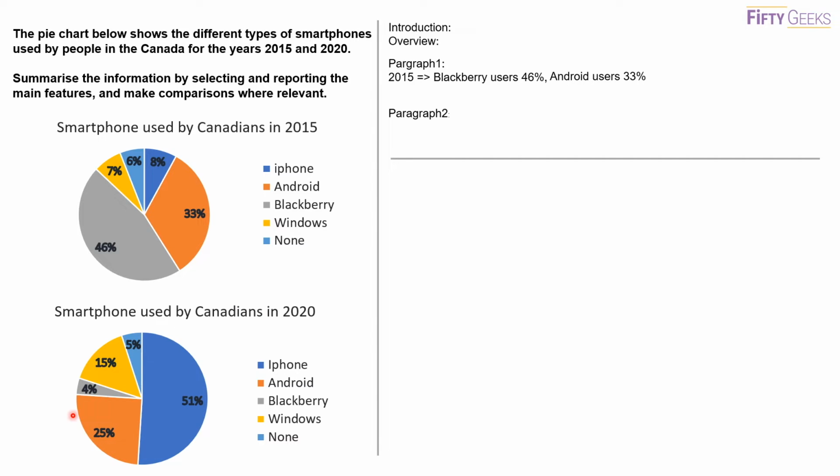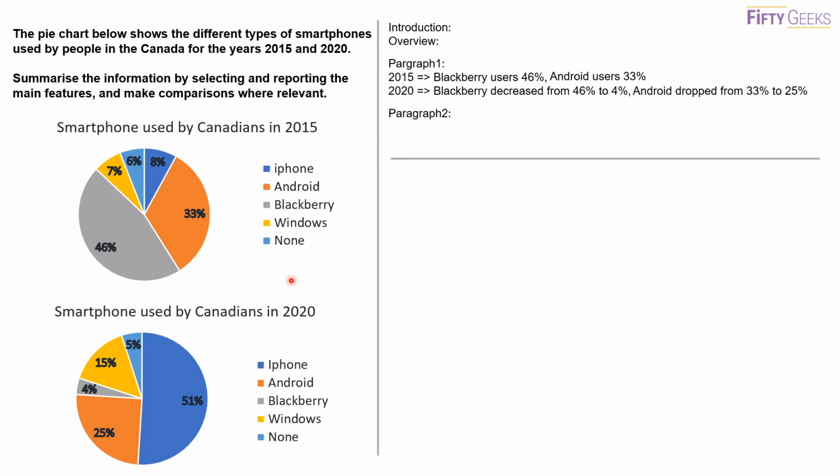I will write, in 2020, BlackBerry decreased from 46% to 4%, and in the same year, Android dropped from 33% to 25%. Now in the second body paragraph, we can see that iPhone users were 8% in 2015, Windows Phone users were 7%, and the people who did not own any phones were 6%.